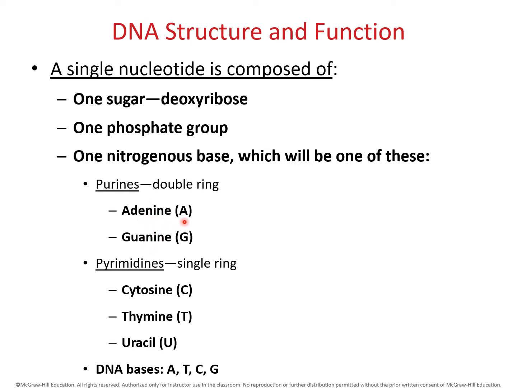For adenine, we just use the letter A. For guanine, we just use the letter G. The second class of nitrogenous base is called pyrimidine. There are actually 3 types of pyrimidines: cytosine, thymine, and uracil. Uracil is not present in the DNA molecule. Uracil, as we'll see, is present in the RNA molecule, not DNA.